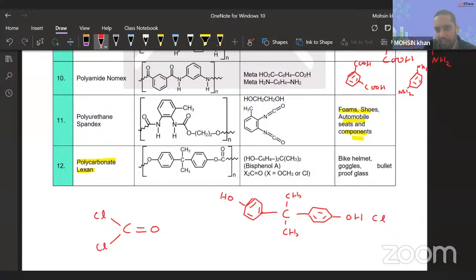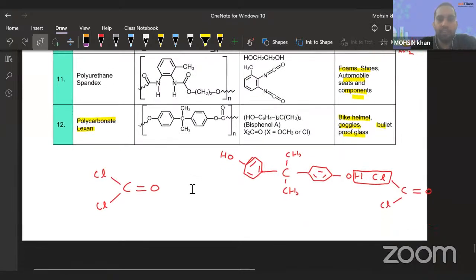So basically what happens, Cl, C=O, Cl. HCl will be removed from here and we get the polymer. This compound is specifically used in bike helmets, goggles, bullets, and bulletproof glass. Lexan. So these are some examples of polymers.